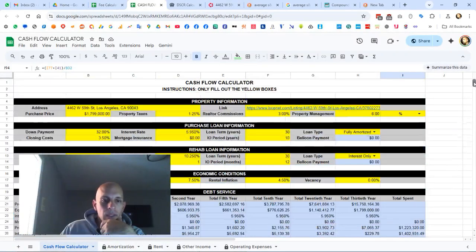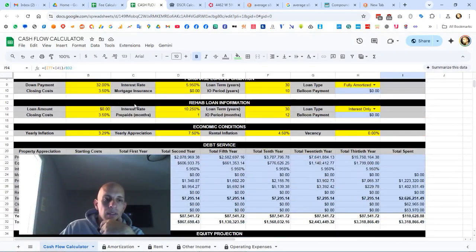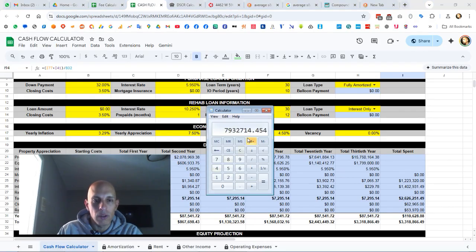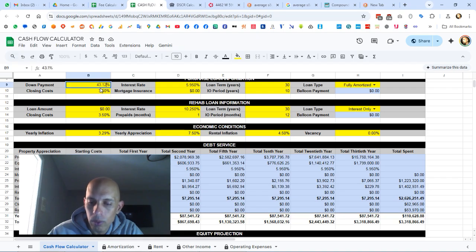One way to change this on this calculator would be to add an additional $200,000 to the down payment. So let's see here. I want to go 775,680 divided by 17,799,123. So that's 43.11, 43.12.